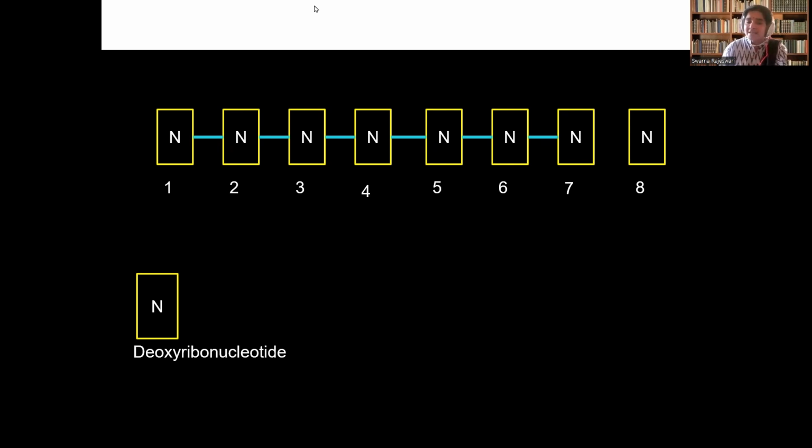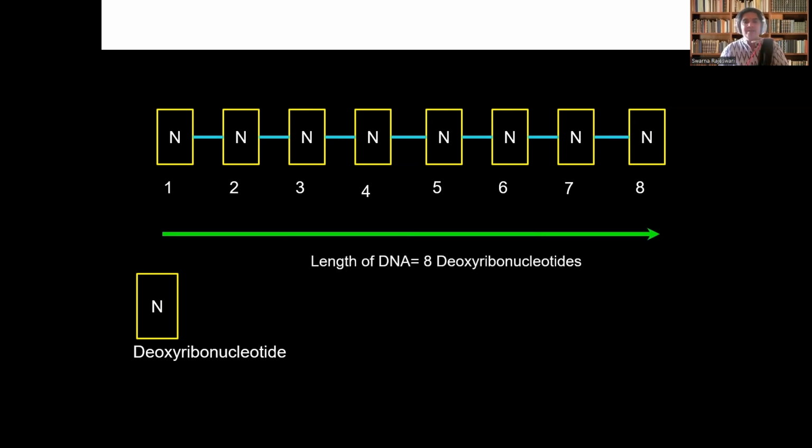Now, we have seen that DNA is double stranded whereas RNA is single stranded, and there is also a difference between the sugar molecule present in DNA and RNA, which we will go into in detail. In this slide, DNA contains strands and each strand is a chain of deoxyribonucleotides.